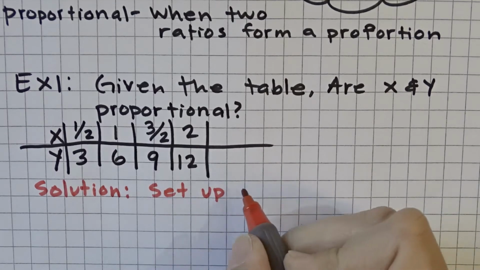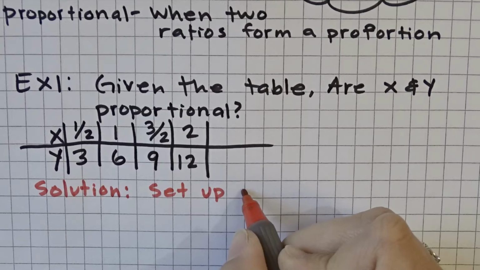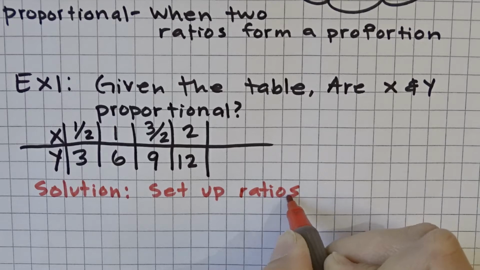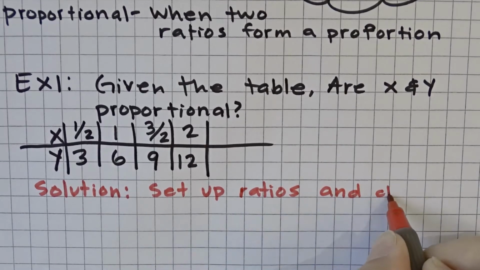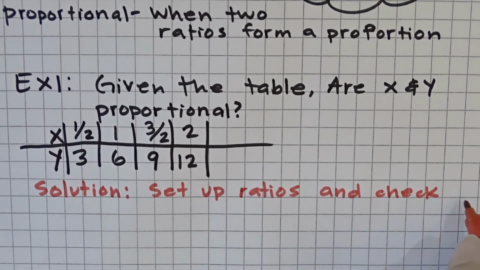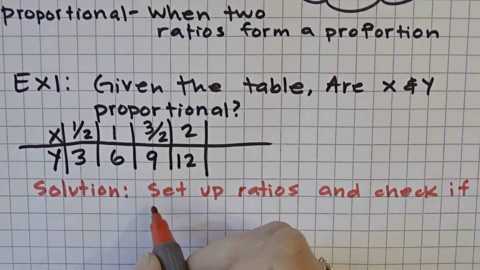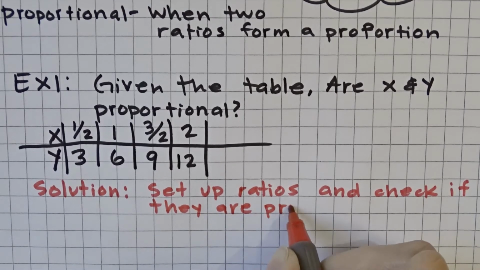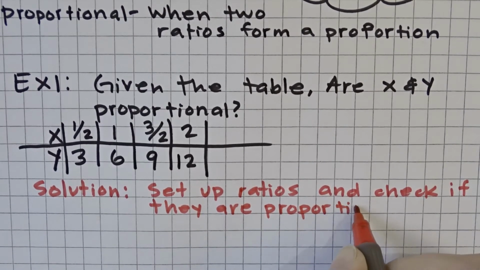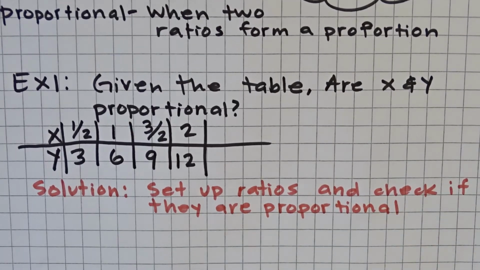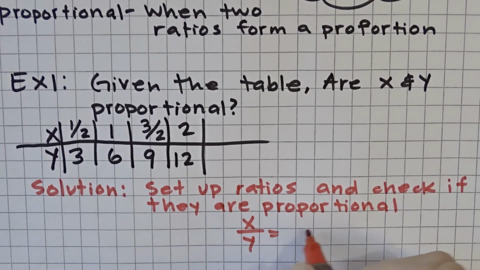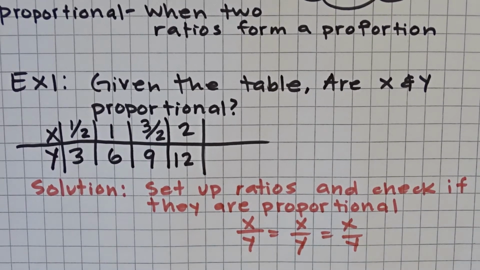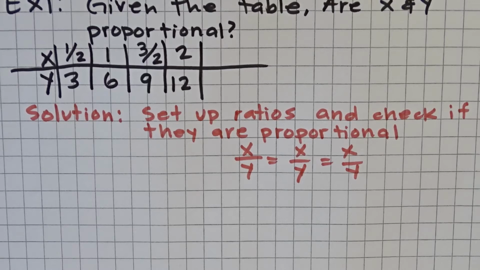So set up ratios and check if they're proportional. And the way that's going to look is we'll just say x over y equals x over y equals x over y. And our goal is to see that all of these ratios are indeed equal to each other.